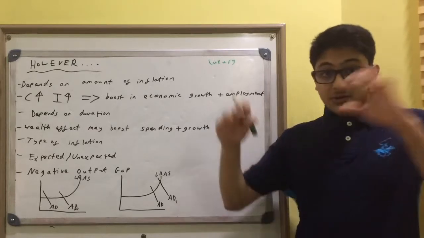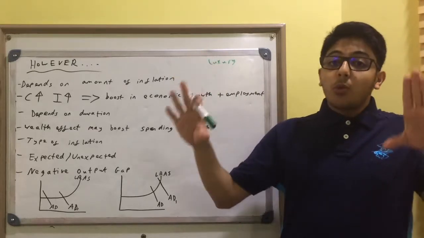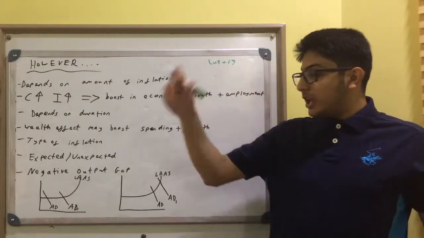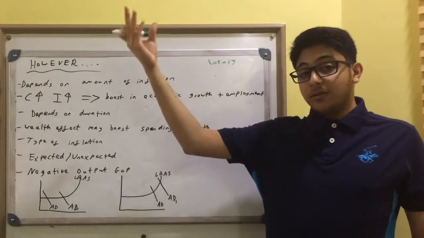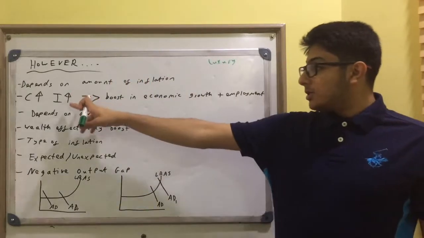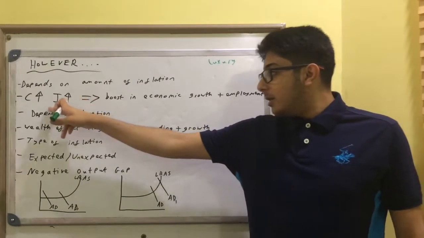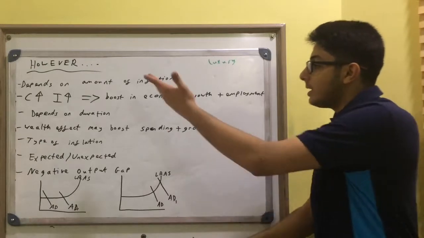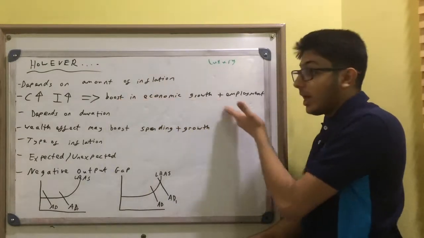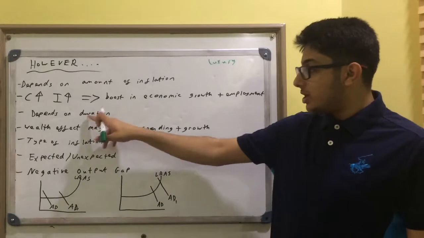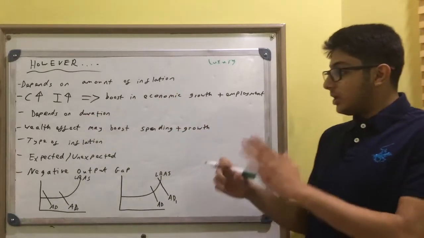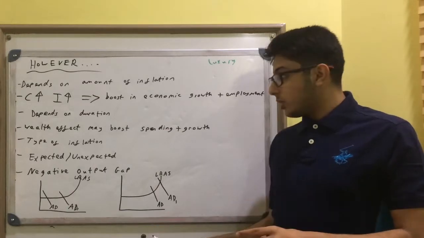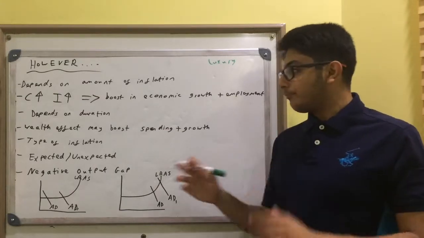Luxury items like, say, a flat screen TV, you are going to buy it now while prices are low instead of waiting for inflation to increase even more, so it's harder for you to buy it. So also for investment, you're going to invest now rather than wait for prices to increase and inflation to increase. So this will boost economic growth and employment. Also depends on the duration of inflation. If inflation lasts for a long time, it is significantly worse than if it lasts for a short time.